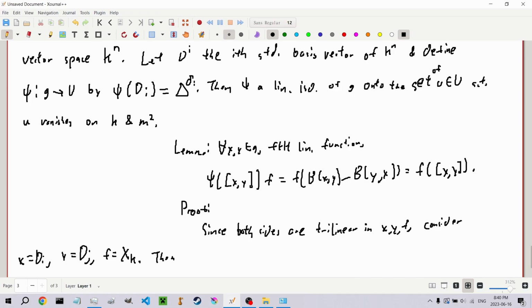Then both sides, sorry about that, reduce down to our structure constant, gamma i j to the k on d1 through dn, and we are done.